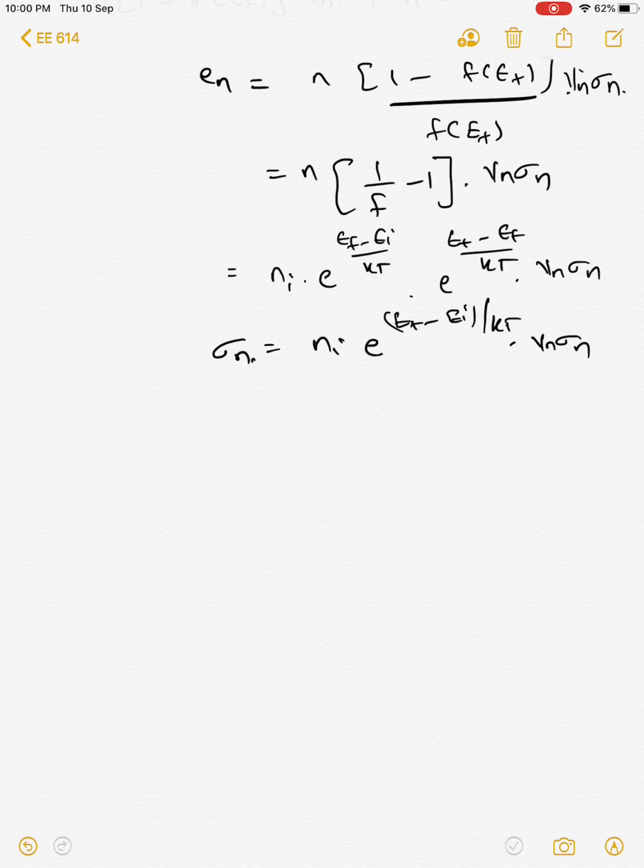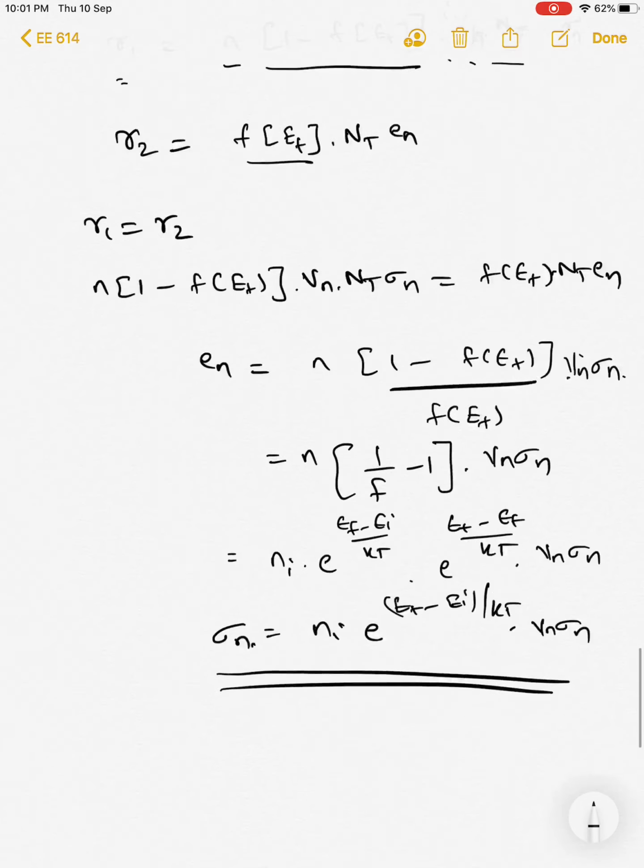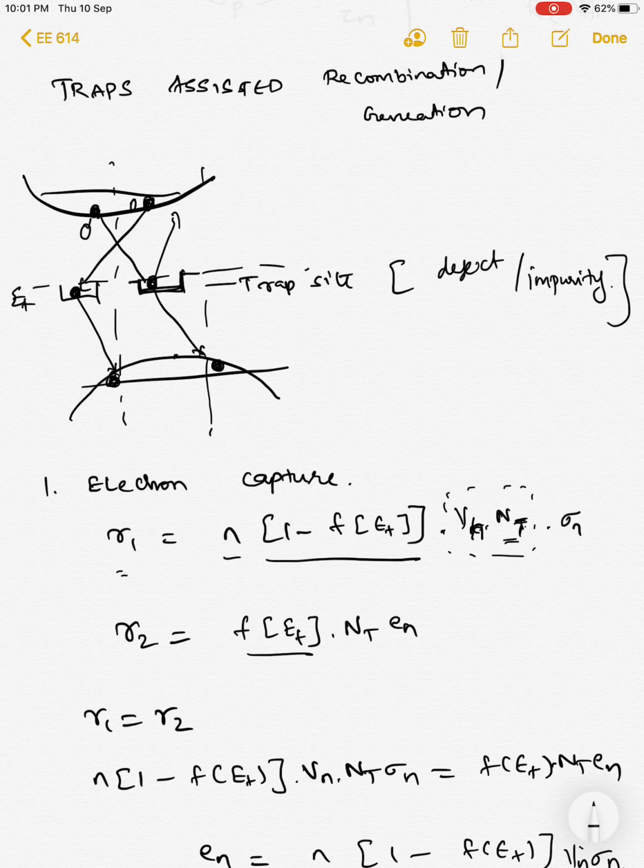So basically this expression tells us that the emission from the trap is very efficient if the trap is far away from the middle of the band gap, right? So all we are trying to say is, in the diagram that we have drawn, this is Ei, right, and the emission efficiency En is proportional to the exponential of Et minus Ei.